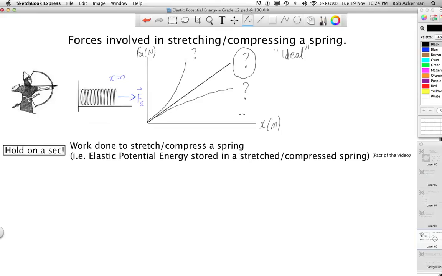An ideal spring is one where the amount of stretch is proportional to the amount of force applied. Of course, no force leads to no stretch, so the origin is one point here. So it's a straight line through the origin, and this, of course, has the general form of y equals mx, if you think of math class.